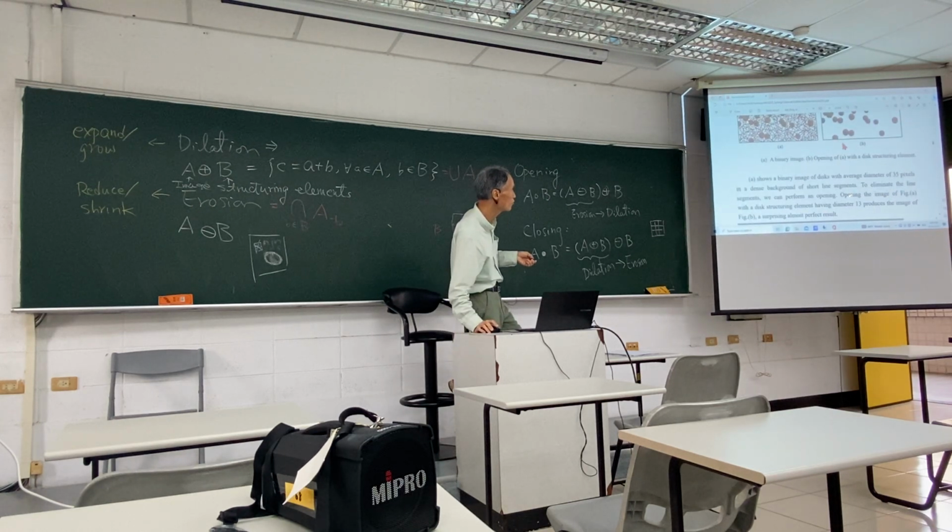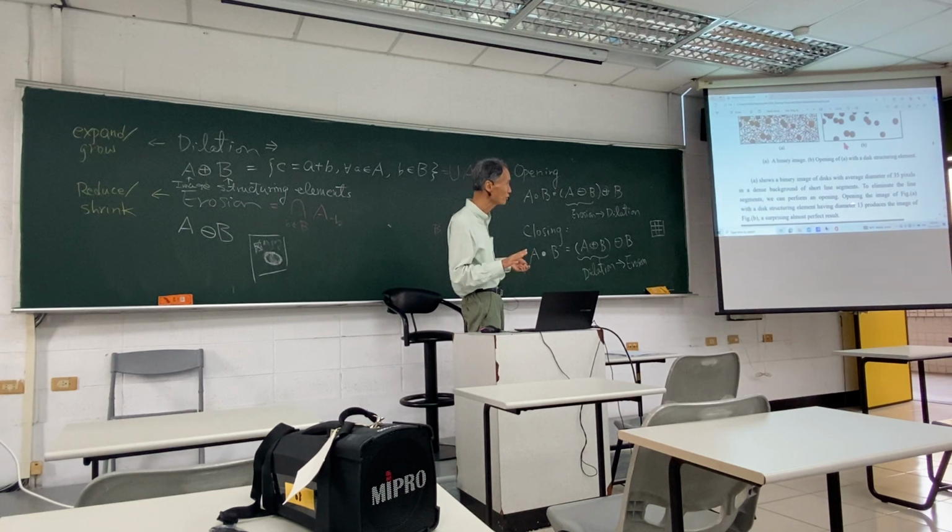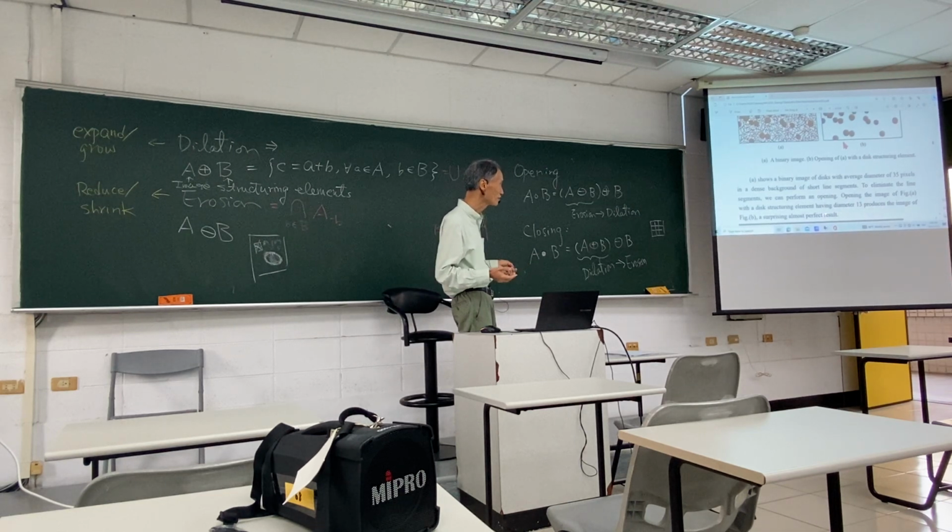So it explains something here. It's supposed to say that the disk or circular object has a diameter of 35 pixels. You need to know something. And now it uses a structural element with a diameter of 13. It does not have to be 13; 12, or 5 could work, as long as it's less than 35. But for this case, the demonstration uses a diameter of 13.